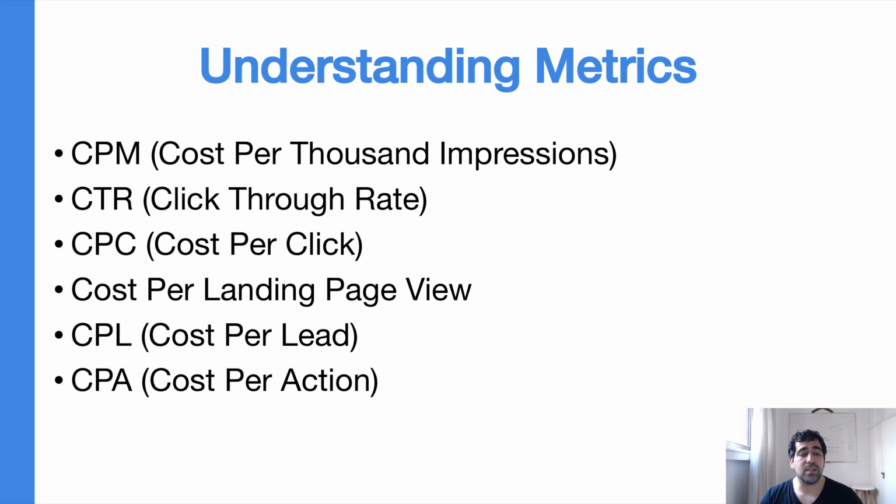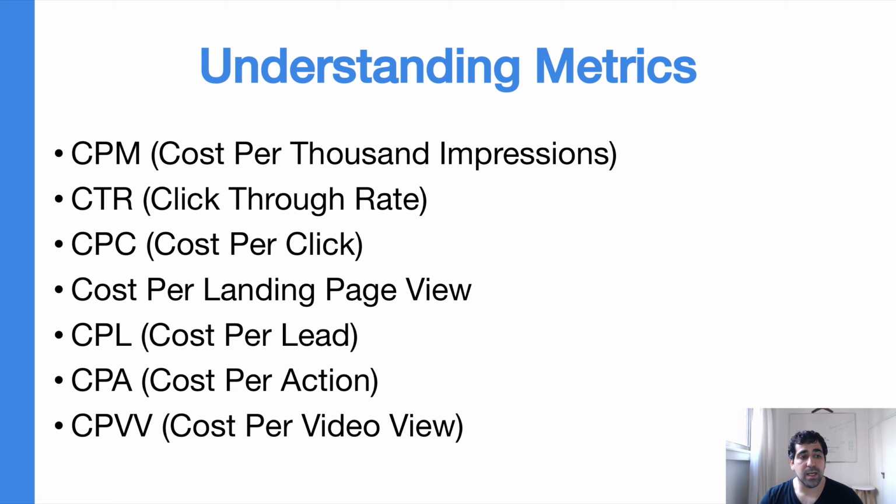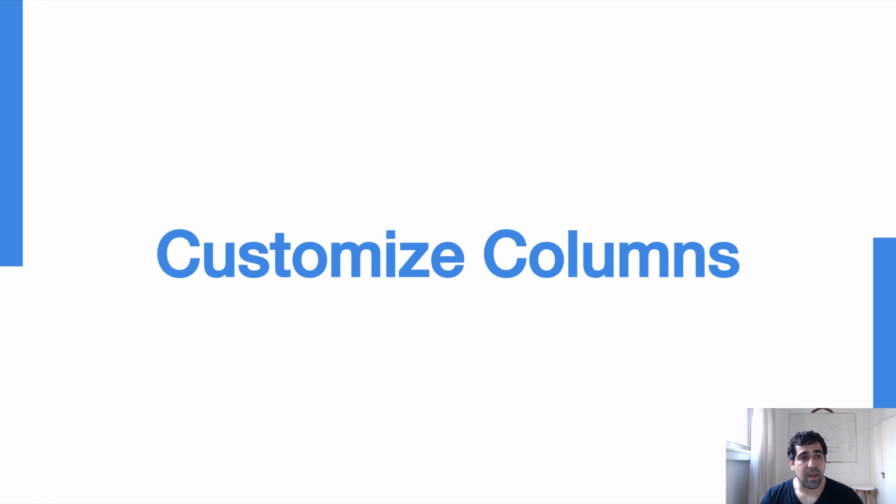Then cost per action, if you are selling something, the CPA, the action is going to be the purchase, is really, really important. Then if you are doing video views campaigns, you might want to consider the cost per view. Those are kind of the main metrics that I consider. Obviously, depending on the campaign, I consider other ones as well.